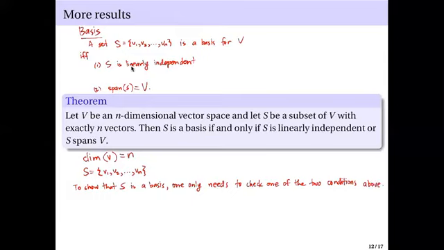Okay? So meaning you don't have to check both, just one. But again, these conditions or these hypotheses must be satisfied. Your V, the dimension of V is n. Your S must only contain exactly n elements. Okay? Questions?